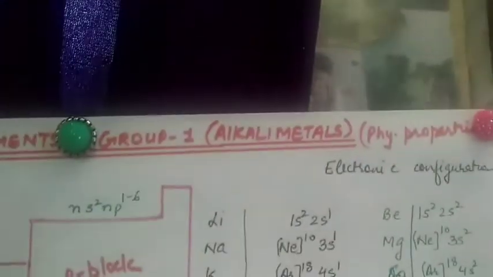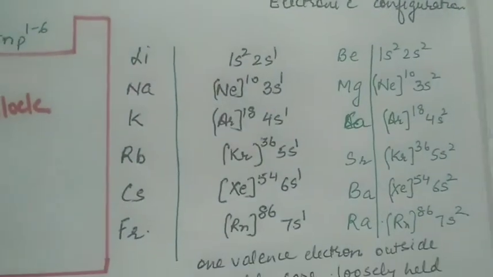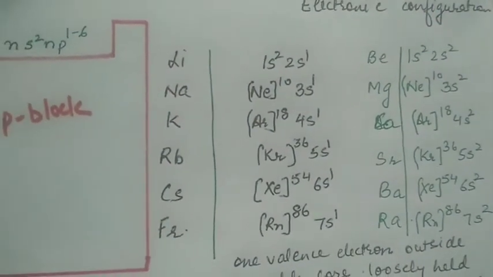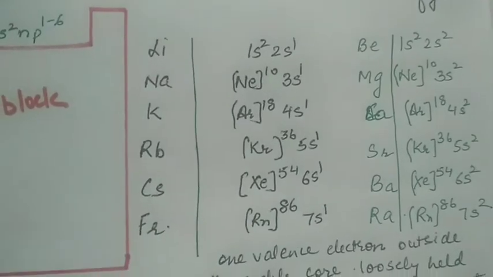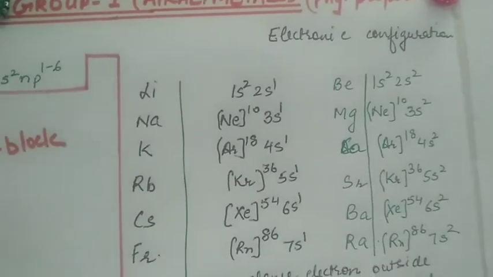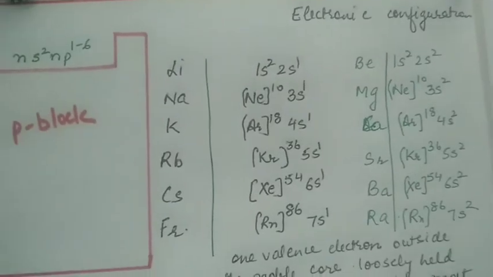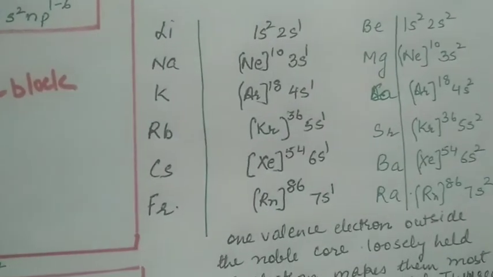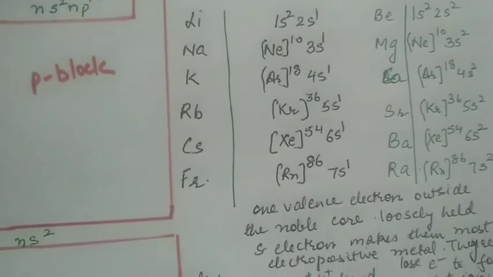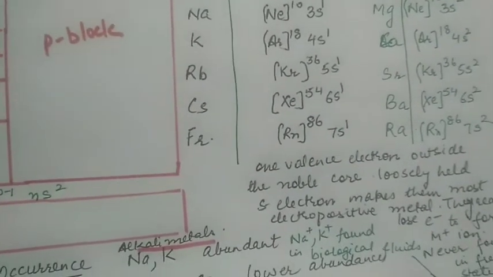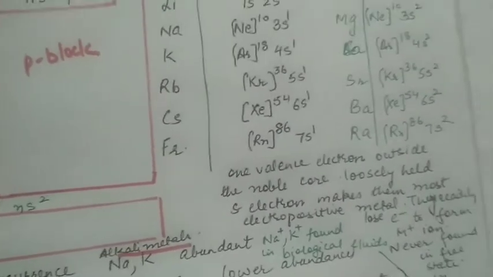The general electronic configuration of group 1 alkali metals is ns1. For lithium it is 1s2 2s1. For sodium it's 1s2 2s2 2p6, that is neon, and 3s1. For potassium it is argon 18 and 4s1.